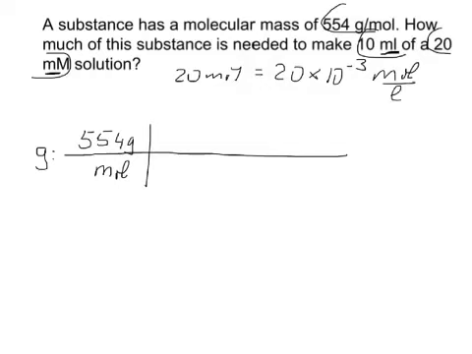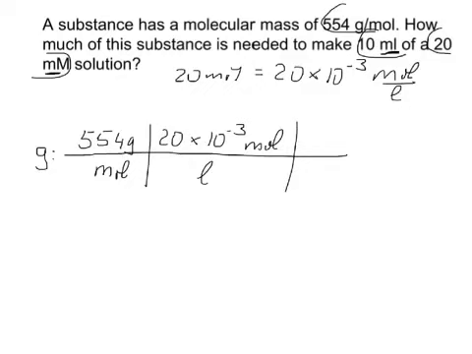And what we see is that we have a mole here, so we write it in such a way that this mole here and this mole here cancel each other out. So we write it so that the mole is on the different side. So we have 20 times 10 to the minus 3 mole per liter.